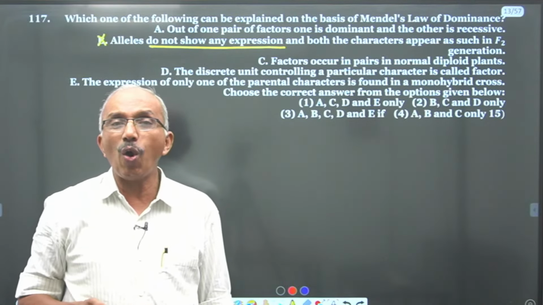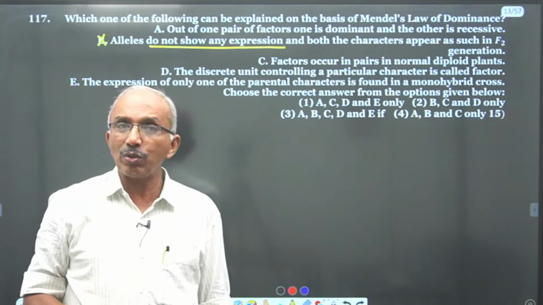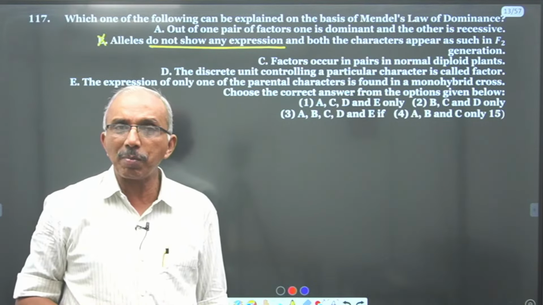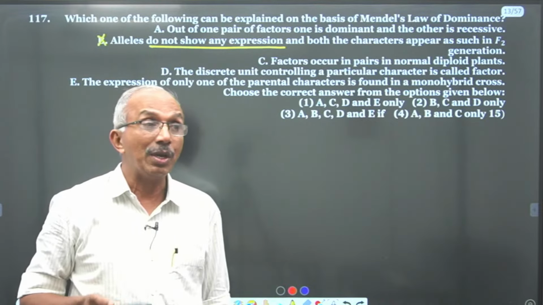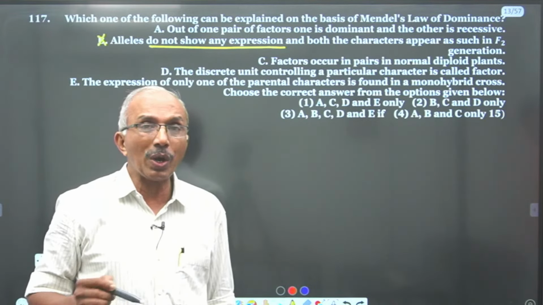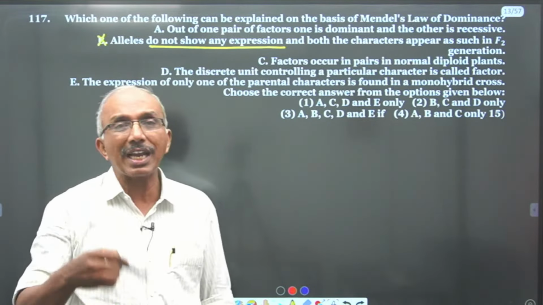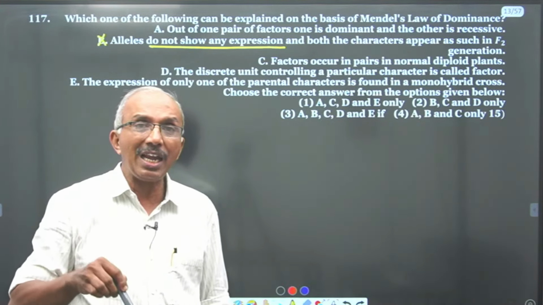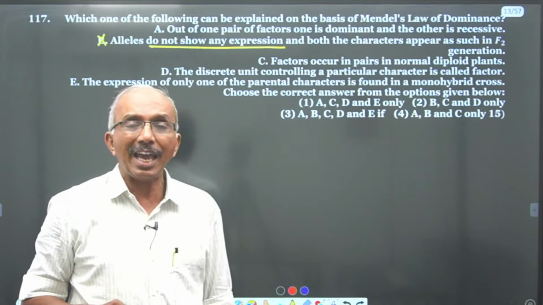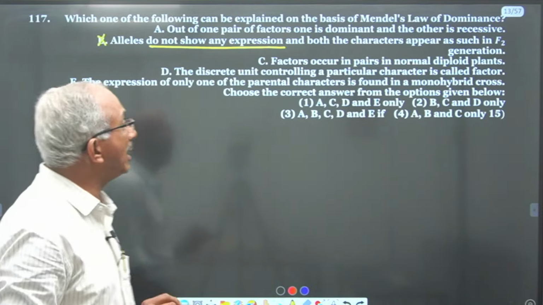As per the law of dominance in the F2 generation, as per the monohybrid ratio, 3 dominant is to 1 recessive. That means both the characters appear in the F2 generation, but only one allele, the dominant allele, is expressed in the F1 generation.